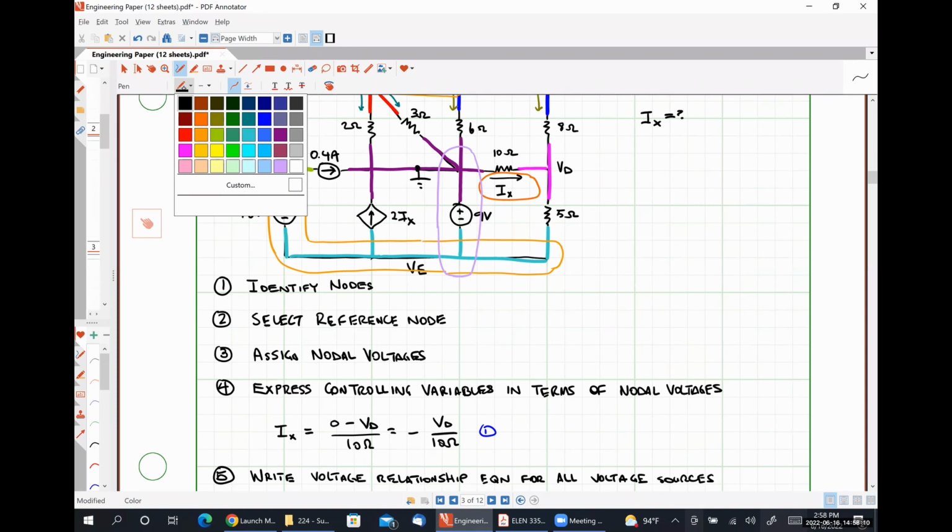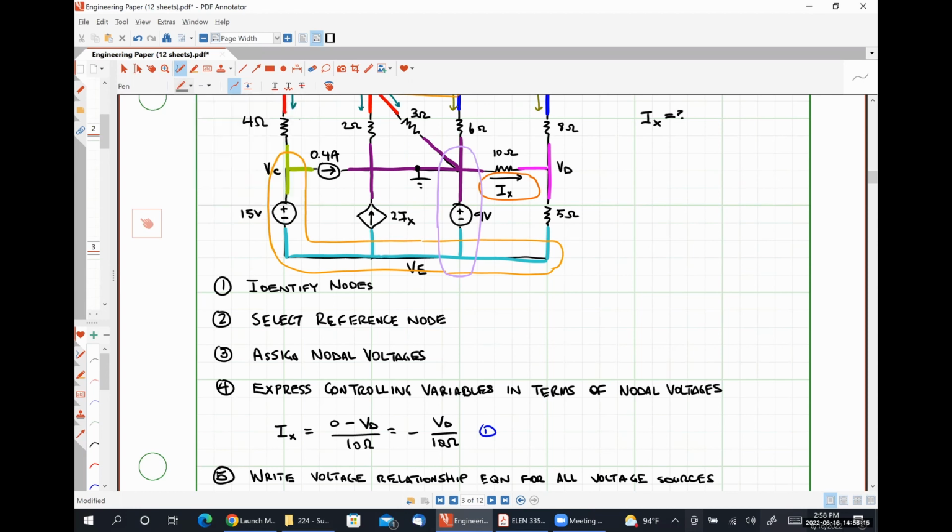Let's do this in this gray. So we have this current flowing up that's leaving node C, this current that's flowing to the right that's leaving node C, this current that's flowing up that's leaving our dependent current source, this current that's flowing up through our 5 ohm resistor, and then this current that's flowing up through our 9 volt source.